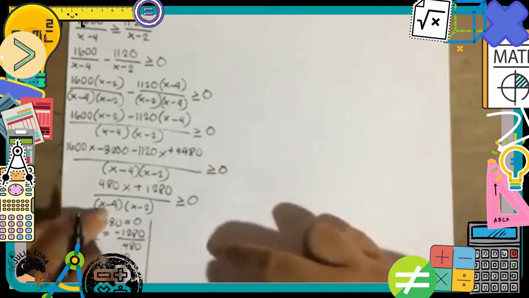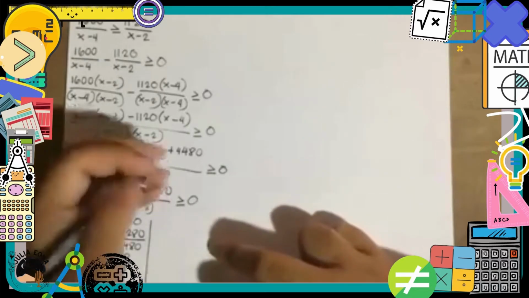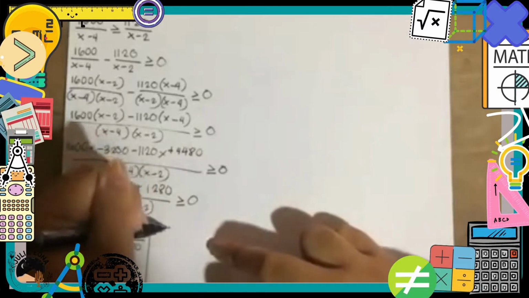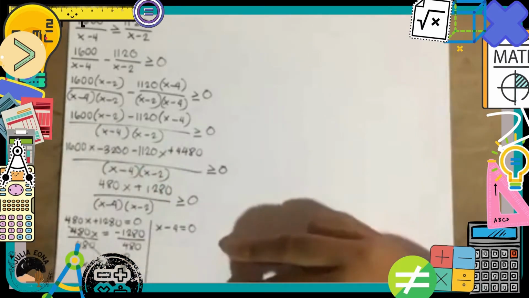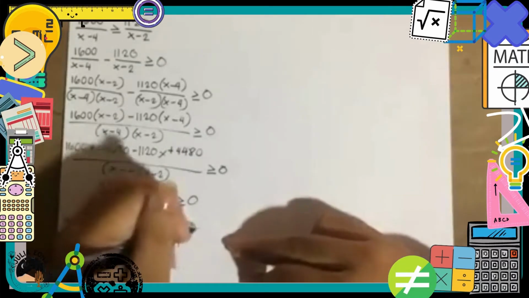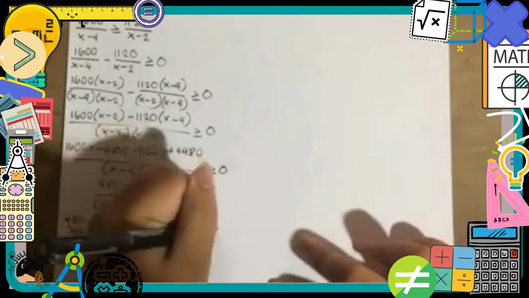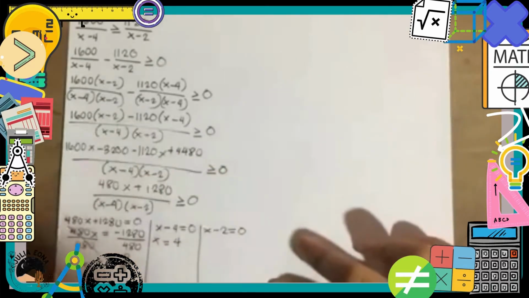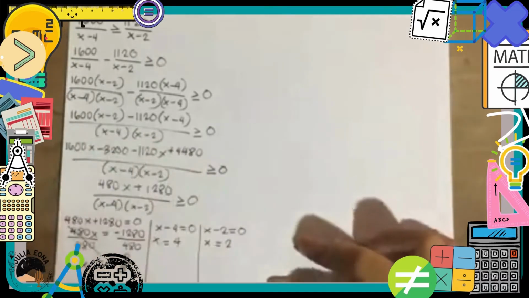Next, we're going to find the value of x for our x minus 4. So we're going to have x minus 4 equals 0. So x is equal to positive 4. Next, we're going to have x minus 2 equal to 0. So x is equal to positive 2.